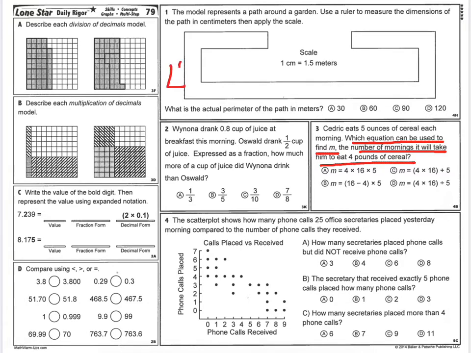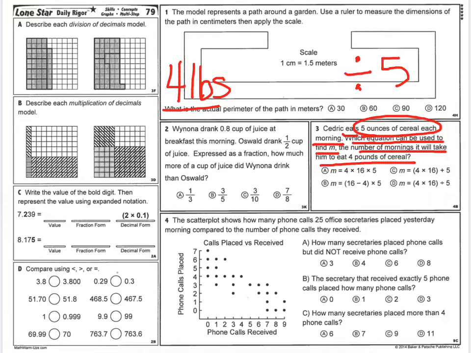So we know he eats 4 pounds. Okay, we know that he eats 5 ounces each morning. So we know he eats 4 pounds, and we know he's going to divide that by 5 ounces each morning. But what we need to do is convert 4 pounds into ounces.